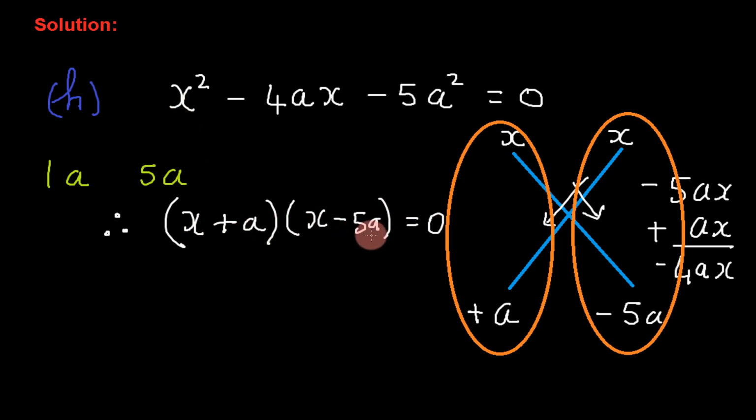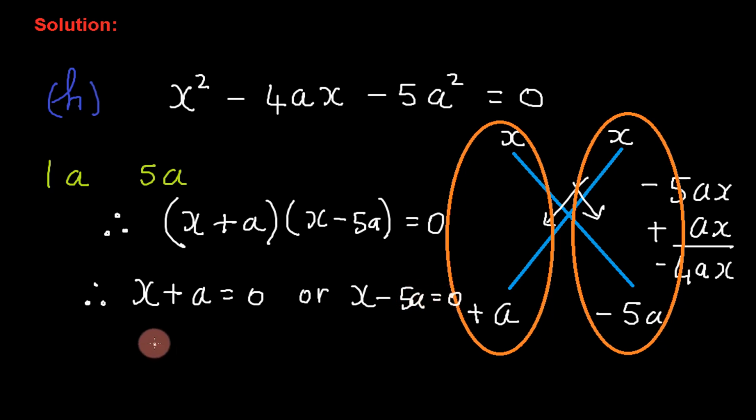A times negative 5a is negative 5a squared. Then we have positive ax minus 5ax. And that gives us negative 4ax. Then using the zero product rule, and solving for x, x is equal to negative a, or x is equal to 5a.